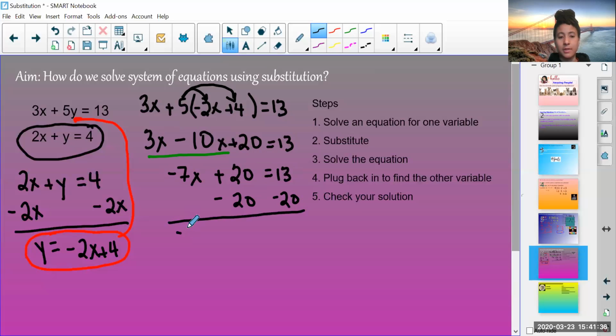So we have negative 7x equal to negative 7. To get x by itself, we divide both sides by the coefficient, which is negative 7. And we get x is equal to positive 1. Negative divided by a negative gives us a positive. 7 divided by 7 is 1.